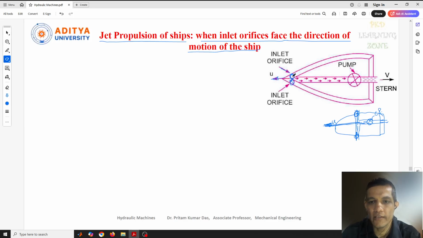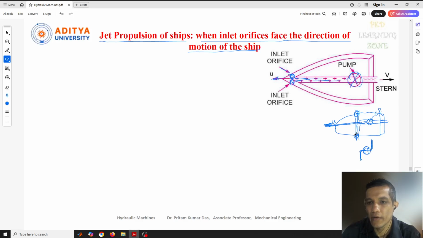Through this orifice the water goes inside the ship, and as usual one centrifugal pump is installed. As we know how the pump works, it has a suction valve, and from there it has a delivery valve or delivery pipe, and this is the suction pipe.